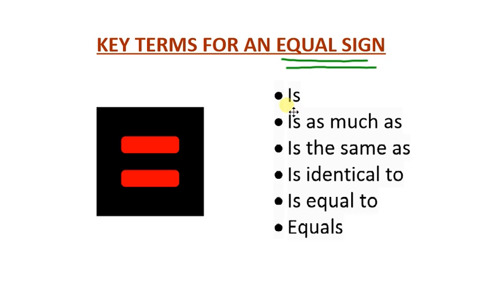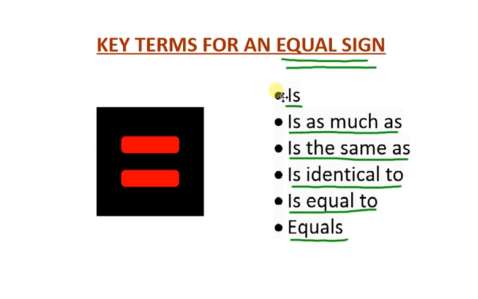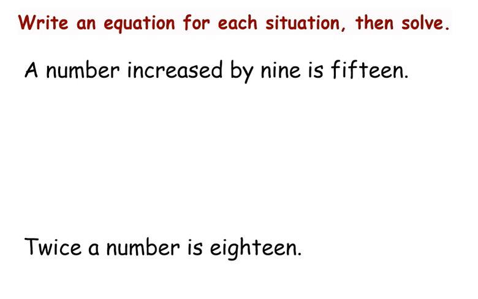So we're going to look for the words is, is as much as, is the same as, is identical to, is equal to, and then the obvious one, equals. And all of these words, when we see them, are going to tell us, hey, you need to put an equal sign there.